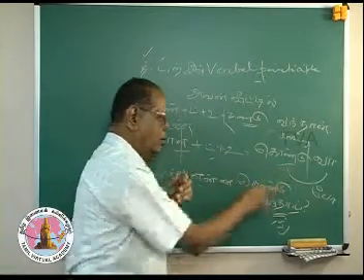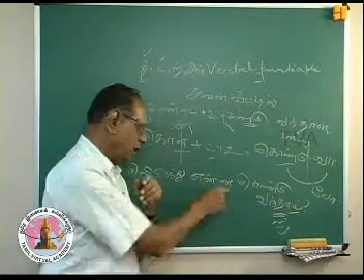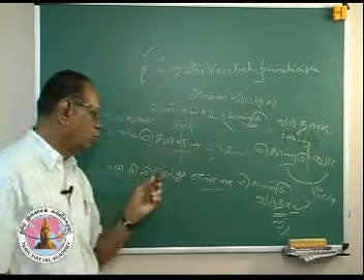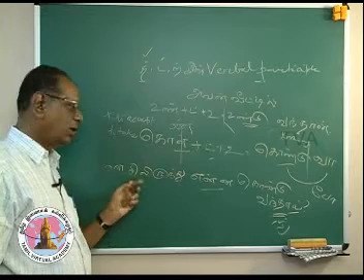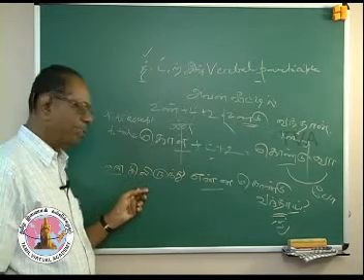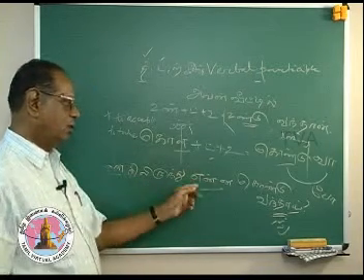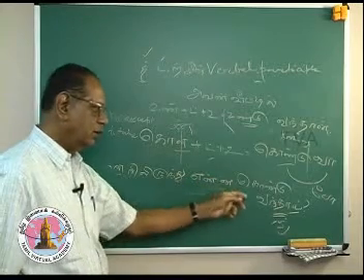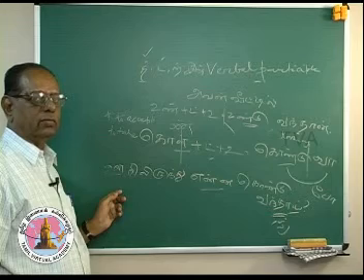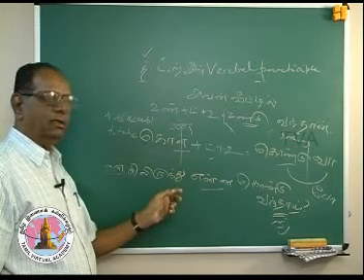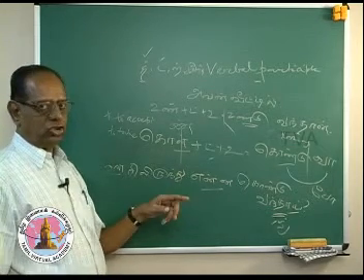Kondu, again a verbal participle. So, enna, what? Oorilirundu, from your village, from your town, from home. What did you bring from the village?